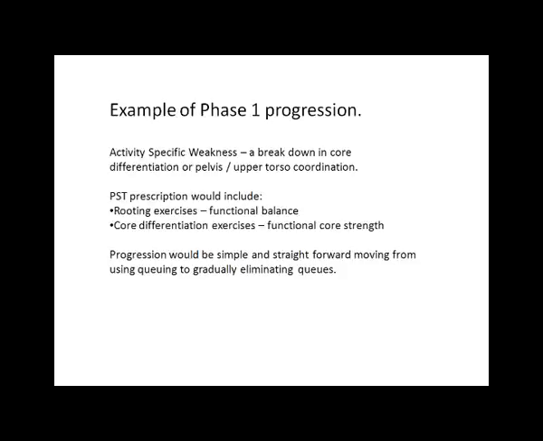So what we would do with the PST would be implement activity-specific rooting exercises that emphasize functional balance. How do we use our ability to connect to the ground, our balance, and create ground reaction forces that will facilitate better differentiation, or start by creating better differentiation by essentially moving the pelvis more effectively.